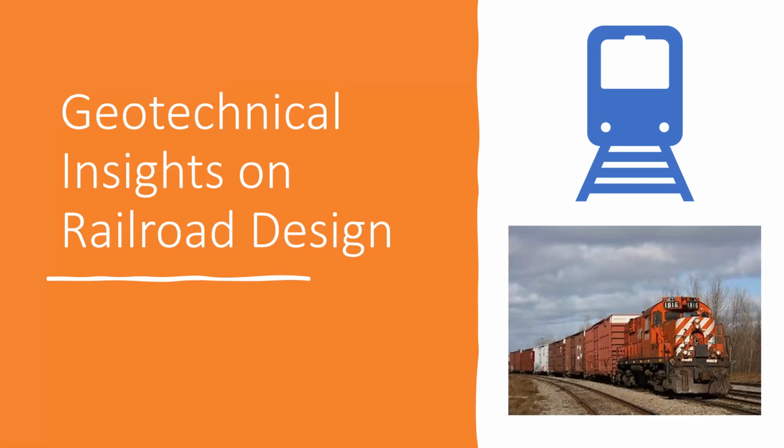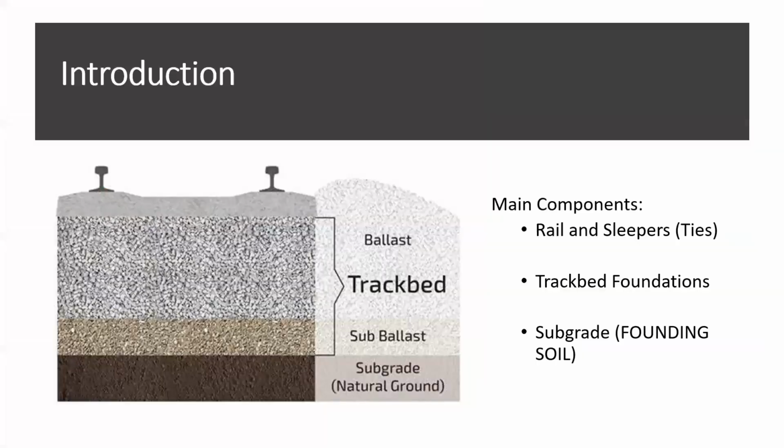So in today's topic, we'll start with a brief intro about a typical railroad design and the main components we have. We usually have a rail, placed over the ties or the sleepers, and then we have what we call a track bed.